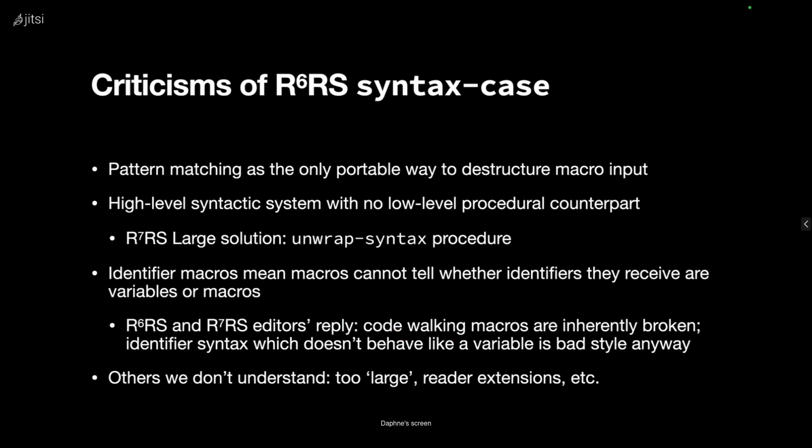Others we can't really do much about without sacrificing compatibility with R6RS, which again we consider a more worthwhile goal. The idea that syntax case is too large plays into other criticisms of R6RS, that it requires reader extensions. We could, in principle, get rid of those, but we think R6RS interoperability is more worth aiming for.